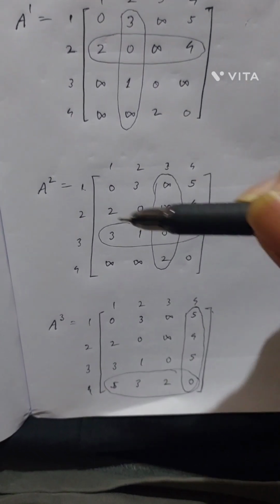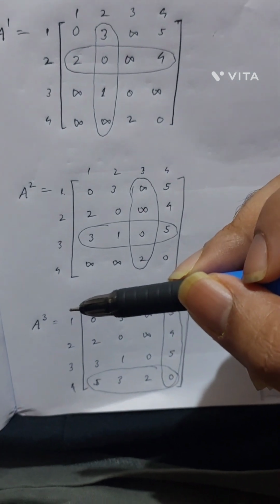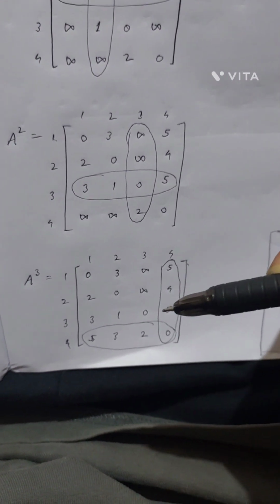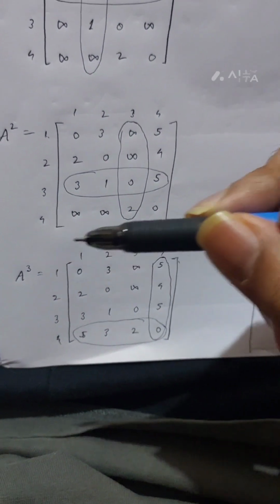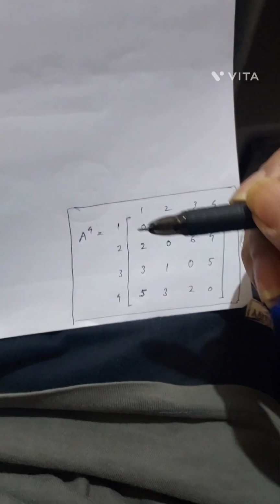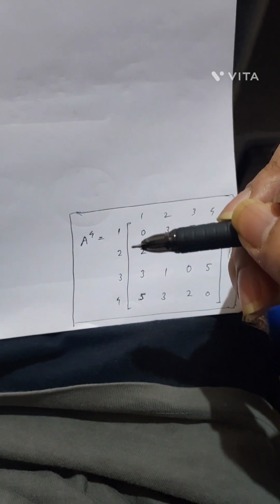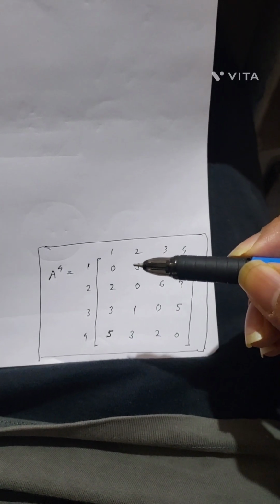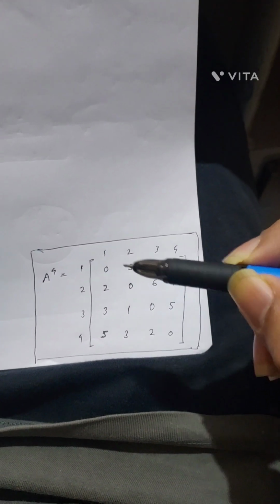We repeat the same procedure to get A3, and finally for A4 we set the fourth row and the fourth column same as A3, and repeat the same procedure again to get the final matrix A4. Now this completes the stages, as there are 4 vertices. So A4 gives you the matrix that gives us the minimum path between every 2 vertices.